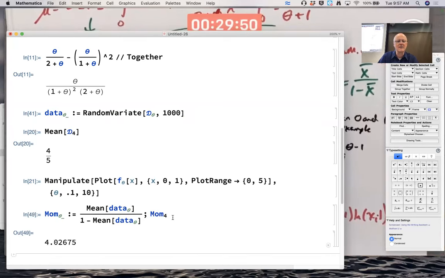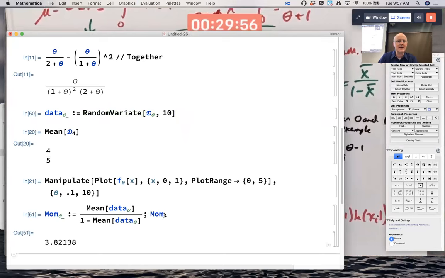Yeah, I think so. We could go the other extreme and go to a sample size 10 and see if it seems less consistent. Yeah, there's some farther away ones. Let's go back to sample size 100. So there's the method of moments estimator values.